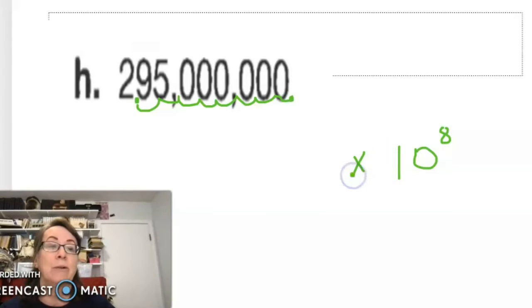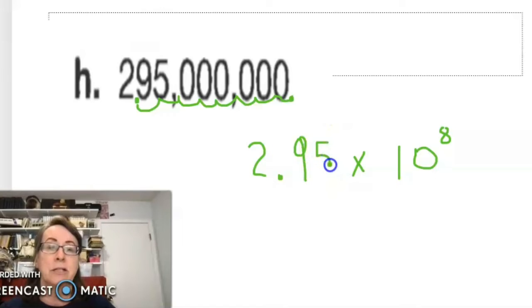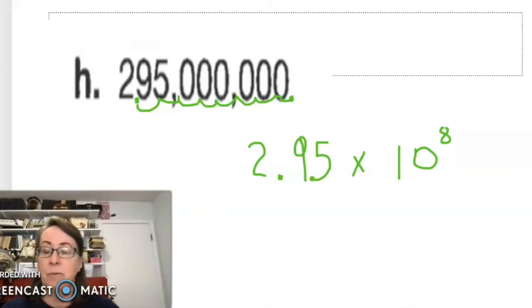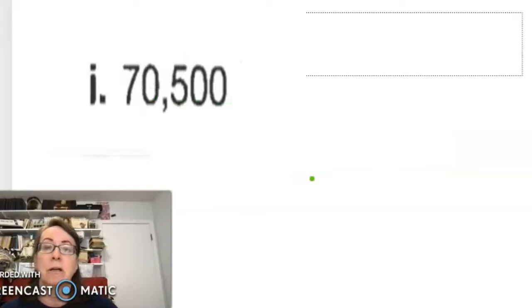So we're going to have to multiply it by 10 to the 8th. So on the front, we put 2.95 till we get to the end of all of the non-zero digits. We want to make sure we are as accurate as we were in the standard form, but we now have it in scientific notation, which is much easier to work with.